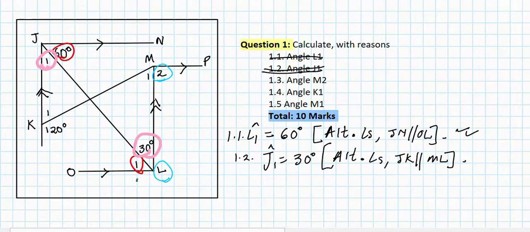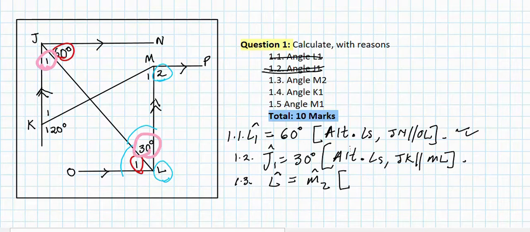Now, what is angle L composed of? It's composed of this 30 degrees and that L1. Together they make the whole of angle L. So let me write that one down. I'm saying here for 1.3, angle L is equal to angle M2.